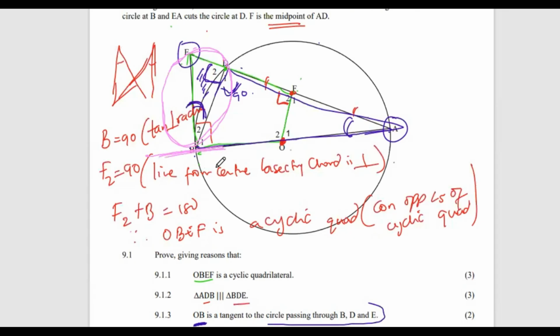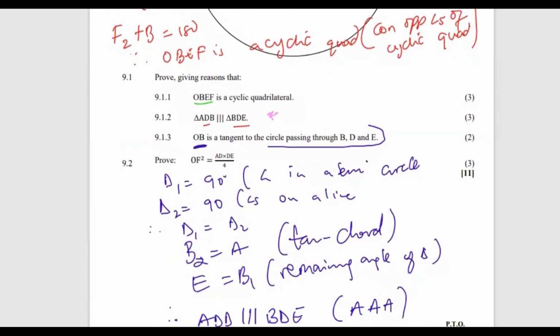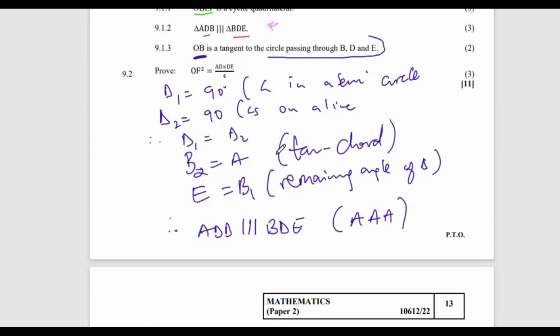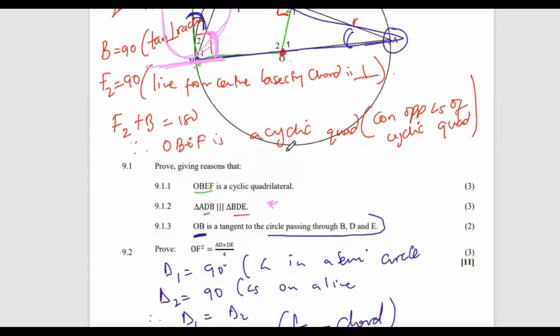is a tangent. So since we said that B1 is the same as E from the previous question, which automatically makes this a tangent, and it will be the converse of the tan chord. So what you need to tell us is that your B1, now where am I going to write this? I can write it on top there.